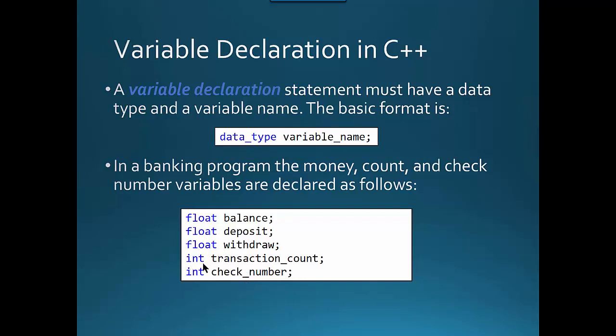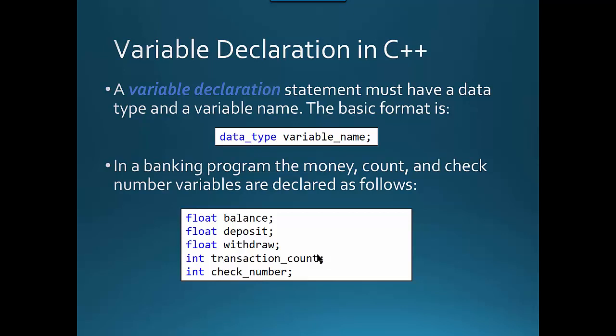The last two are integers, and we can see that, based on the variable names, it kind of makes sense why those types are picked. Balance, you're talking about money. Typically, there's going to be a decimal portion to any financial transaction. So balance, deposit, or withdraw should be a floating point type. And then transaction count or check number.